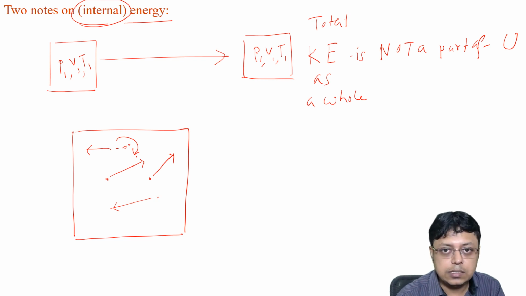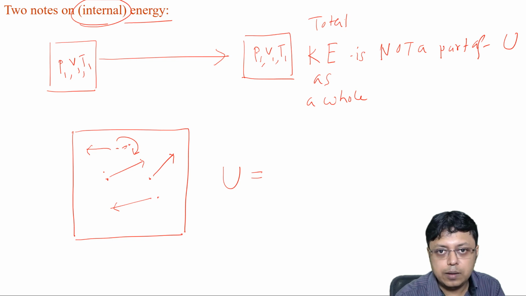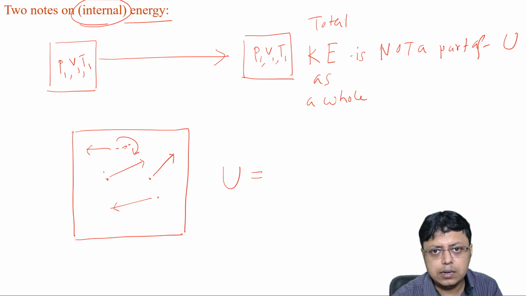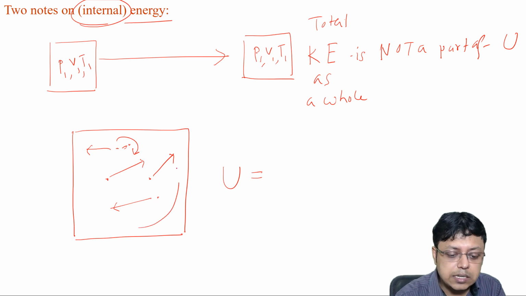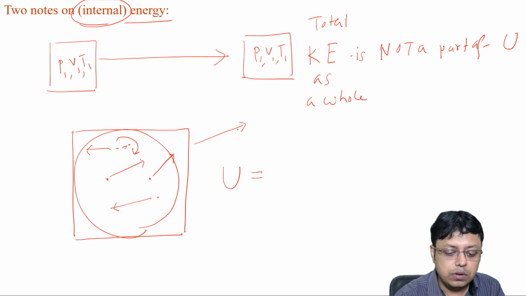Those associated energies constitute the internal energy U. So internal energy of course has kinetic energy and rotational energy and vibrational energy and many other energies, electronic energy, nuclear energy, but that is internal to the system. If the system moves as a whole, its kinetic energy will not be considered as the internal energy. So this distinction has to be kept in mind.